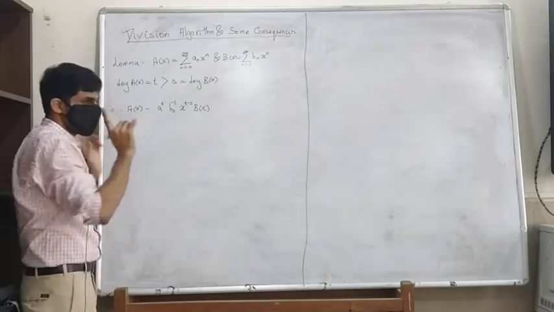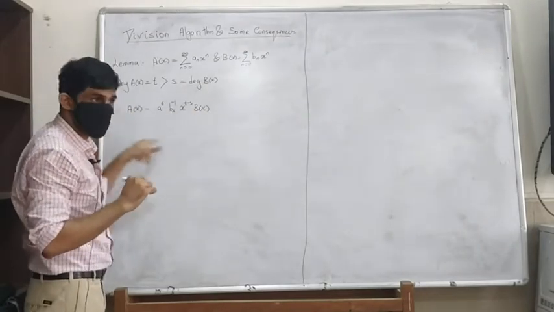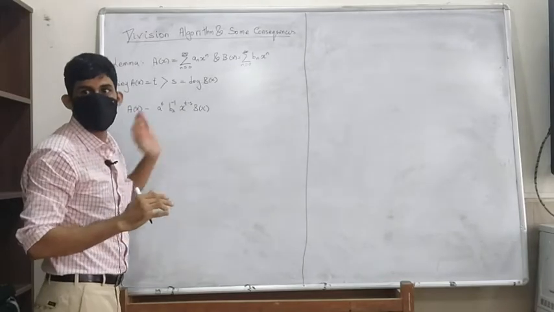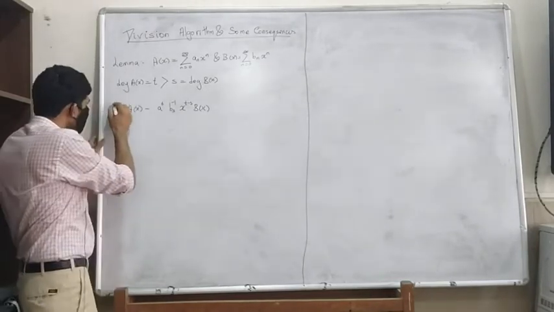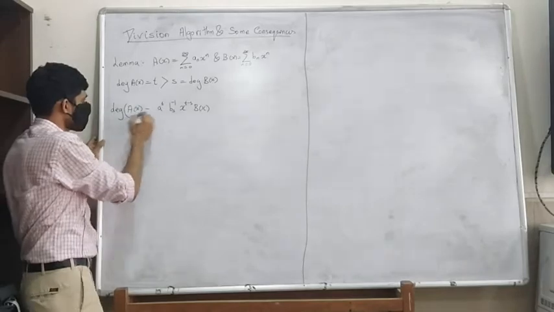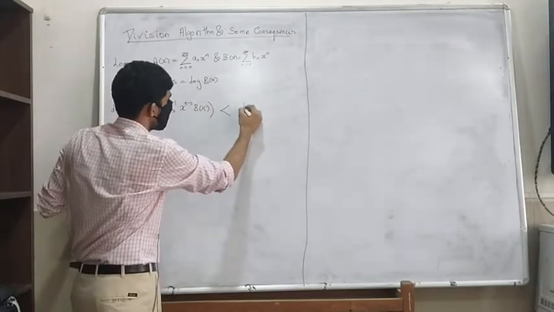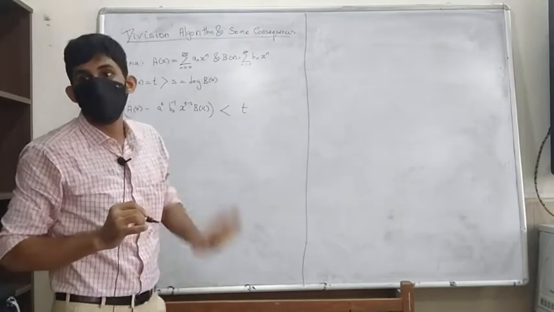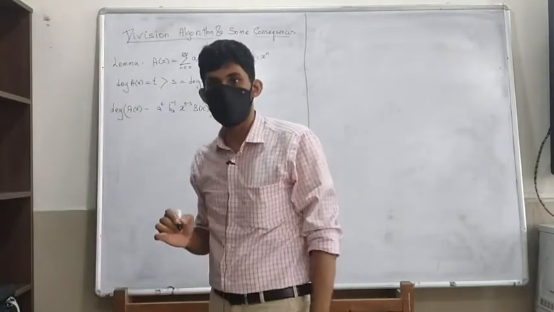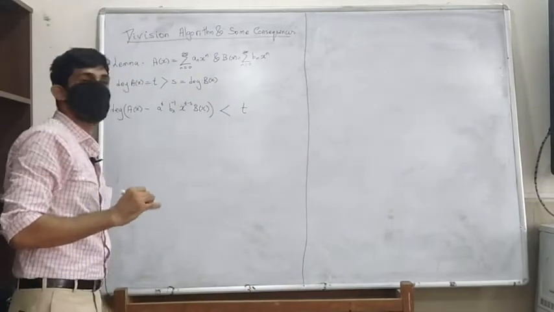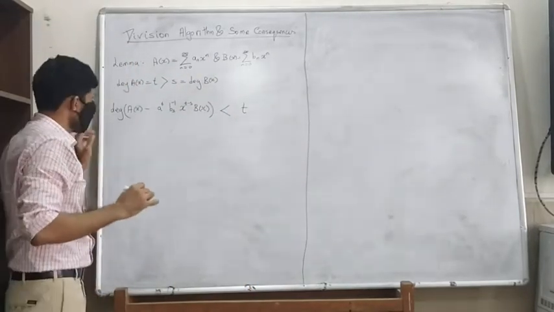Either this becomes the zero polynomial, or its degree is strictly less than the degree of a, which is t. This is what we proved in the last session, and I'm going to use this to prove the division algorithm.